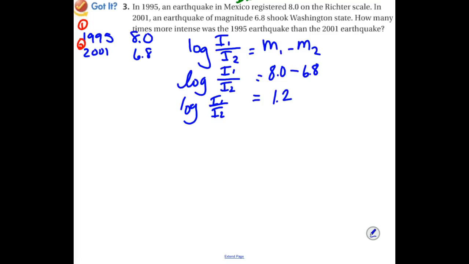All right, converting that into its exponential form. Remember, there's a base of 10. So 10 to that power gives us that. So 10 to the 1.2 power is the comparison of their strengths or intensities. And that should end up being about a 16.